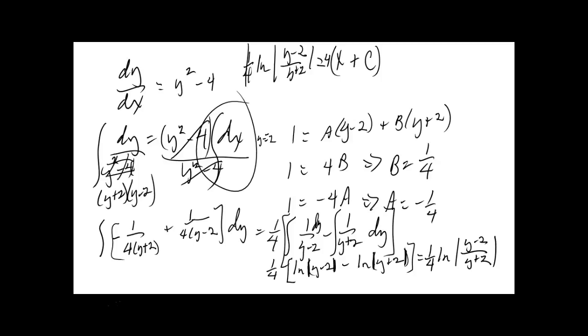So rather than do that, we would have the log absolute value of (y minus 2) over (y plus 2) equal to 4x plus some other constant, but let's just still call it c. It's just 4c from before. You could have named it c1. That's what they do in the book, but that gets a little confusing. But at that, if you don't like having a log function there, we can take the log of both sides.